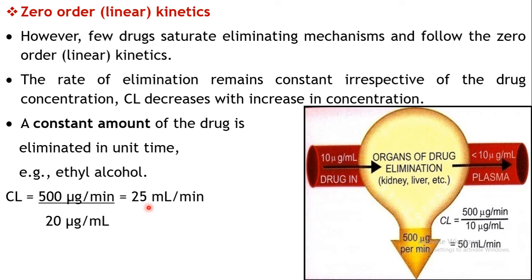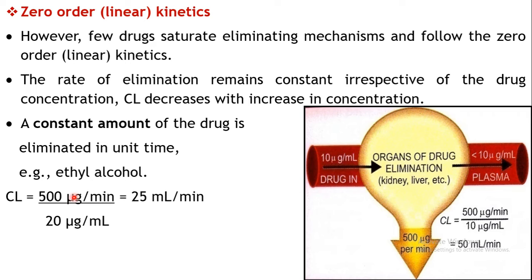So it will halve when you double the dose. As you increase the plasma concentration, the clearance will go on decreasing. Why is it decreasing? Because the rate of elimination is constant.